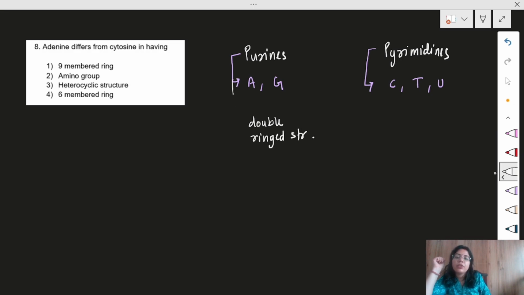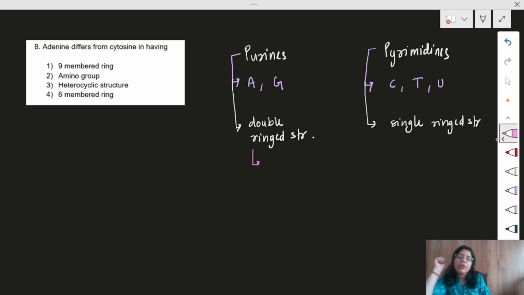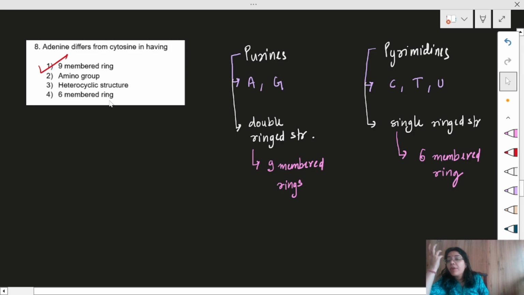If they have a double ringed structure, there are 9 members in those two rings, 9 membered, and here only 6 membered. So how is adenine different from cytosine? Adenine is different from cytosine because adenine is a 9 membered ring. Rest all things are fine, right? 6 membered we cannot choose, because if they had written cytosine first, then we could choose 6, right?